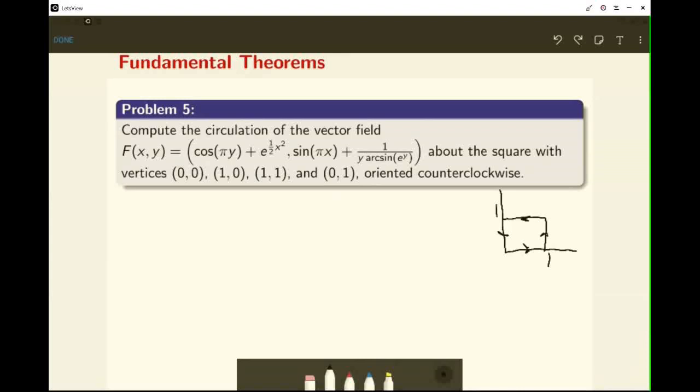But if we look at this vector field, the complicated stuff in the y component depends only on y, and the complicated stuff in the x component depends only on x. And so we're in this situation where we can talk about the curl much more easily than we can talk about the actual value of the thing.